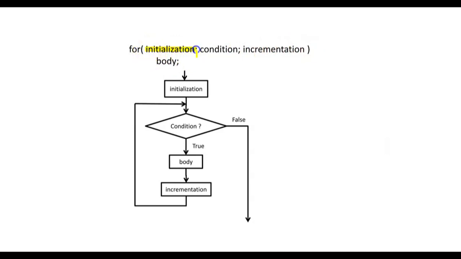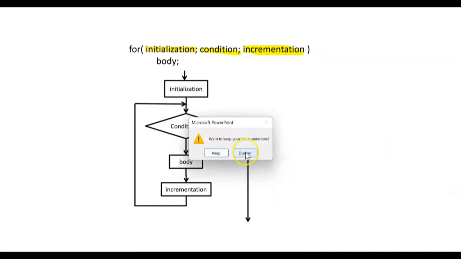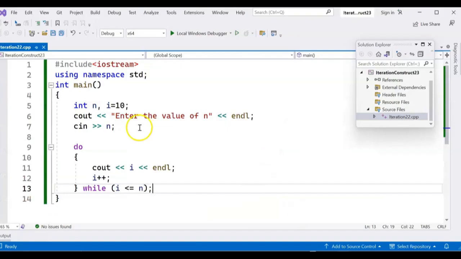First, you initialize the variable here, then you state the condition after the first semicolon. After the second semicolon, you write the incrementation. Let's see how we can rewrite this using the for loop, and you'll see how many statements we'll get rid of.